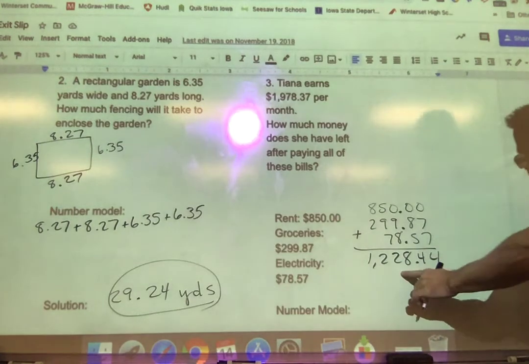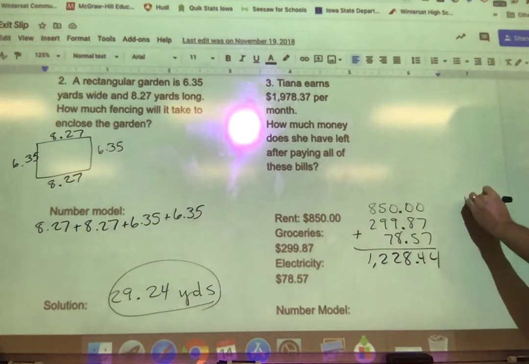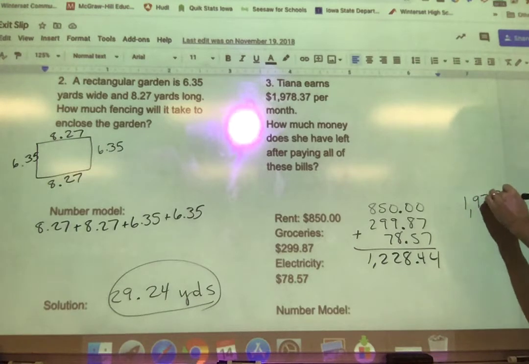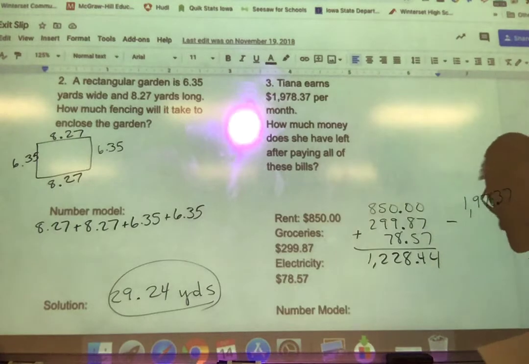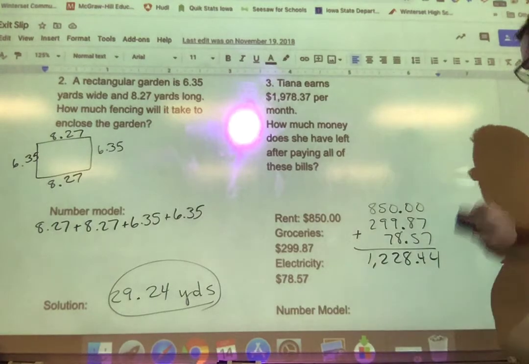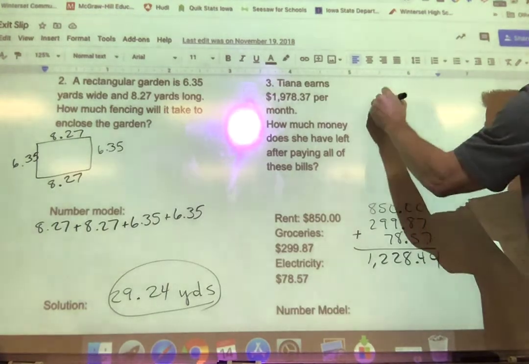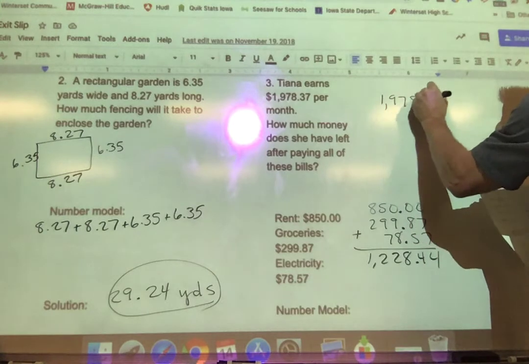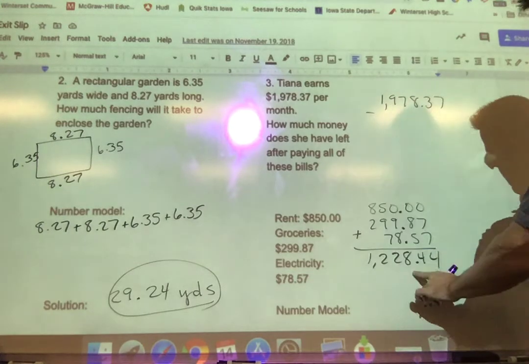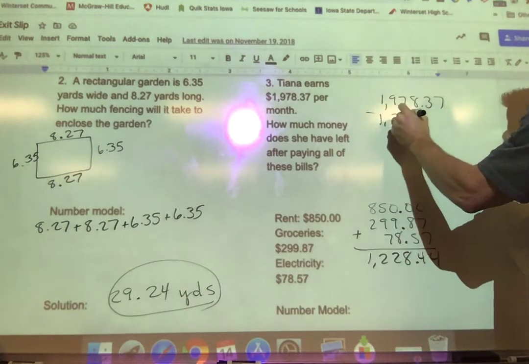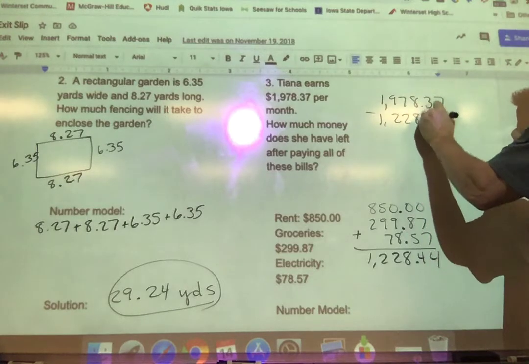So once I have this figured now, I can take $1,978.37, and I'm going to subtract, or I'll just do it up here, $1,978.37, and we're going to take away our total bills, $1,228.44.